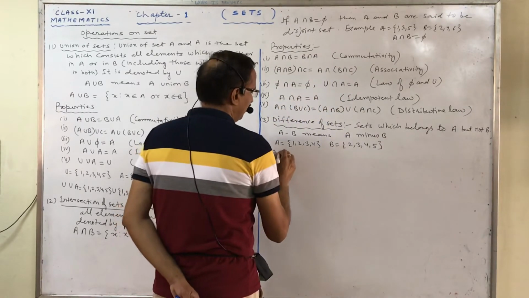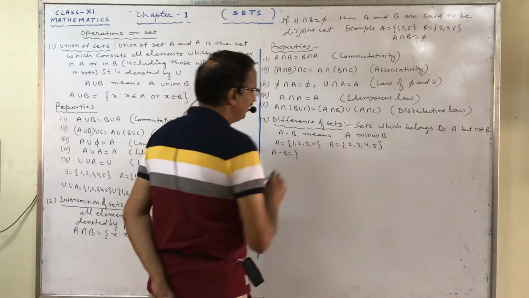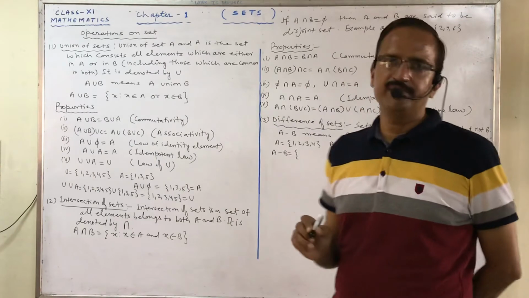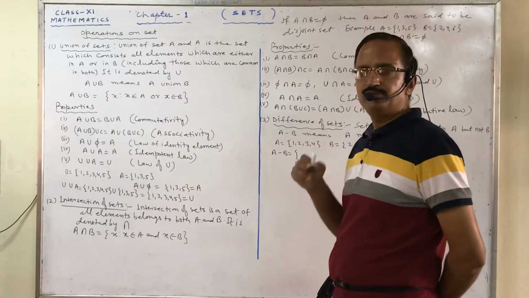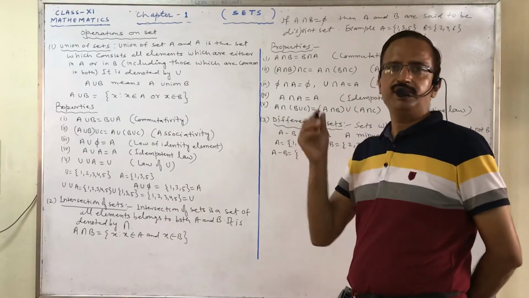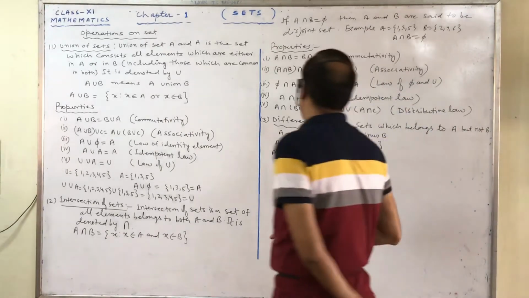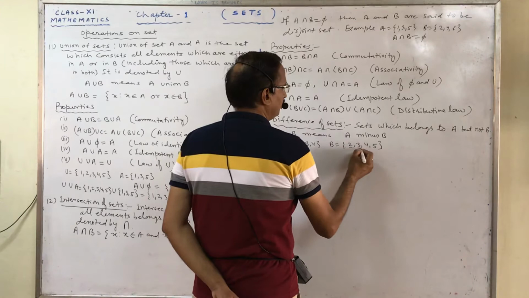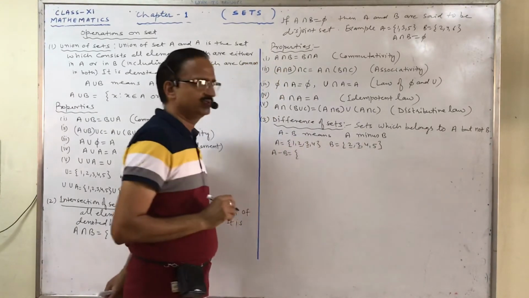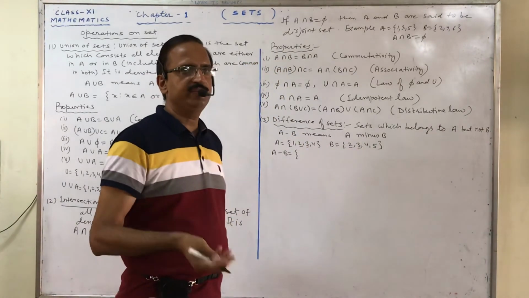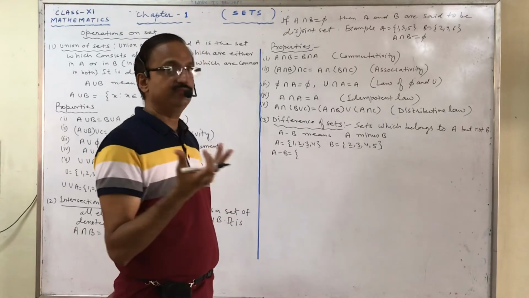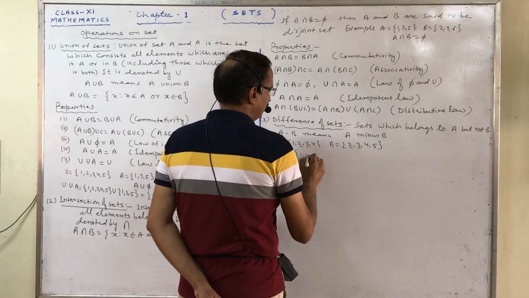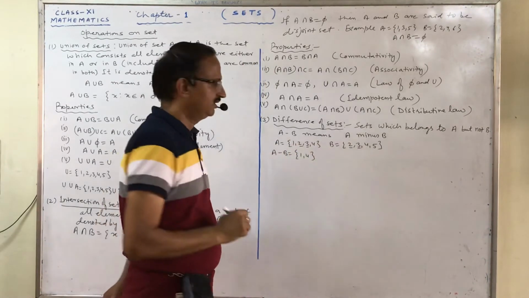Now A minus B means we have to write the elements of A except the common elements of A and B. So we have to subtract the common elements of A and B from A. So what are the common elements? 2, 3, 4 are common elements. So we will subtract these elements from A. And the rest of the elements of A means 1. This is A minus B.